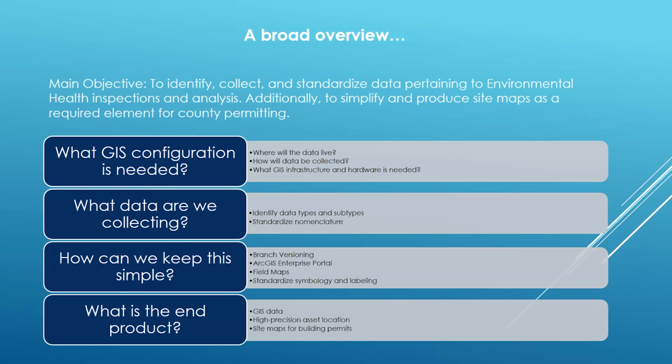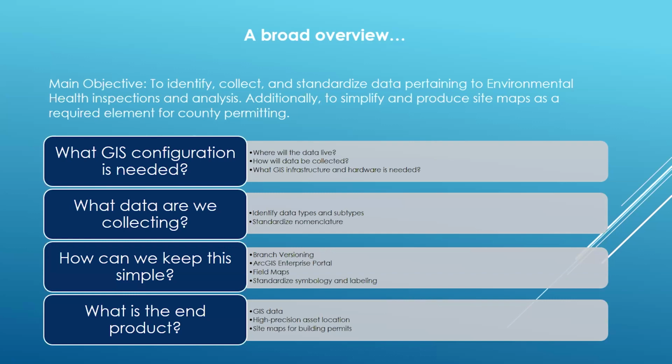This kind of goes back to the first step, where the data is going to live. They needed to access this through Field Maps because they wanted to be out in the field, and they'll have their phones and their tablets and GPS units collecting data, and they need concurrent editing. So how can we best manage this? We decided on branch versioning, and it works really well.